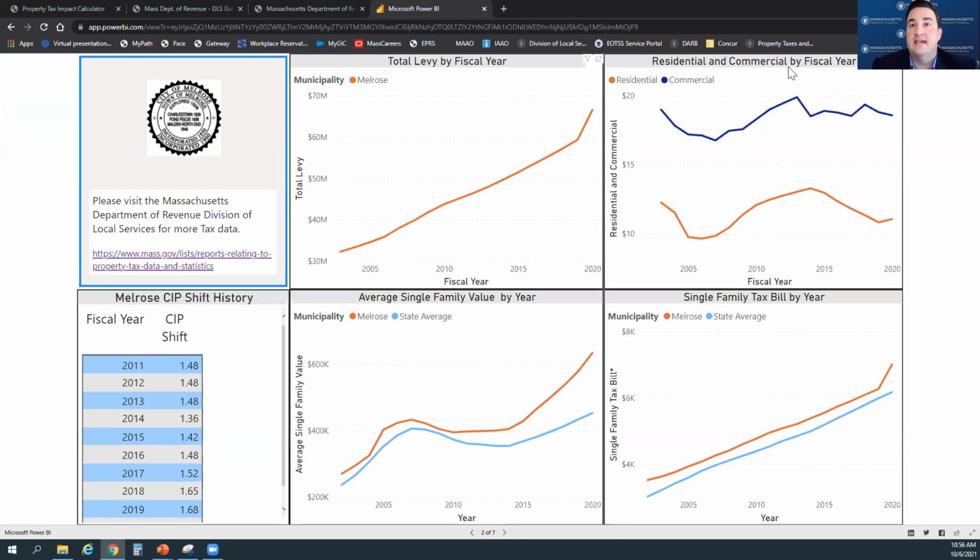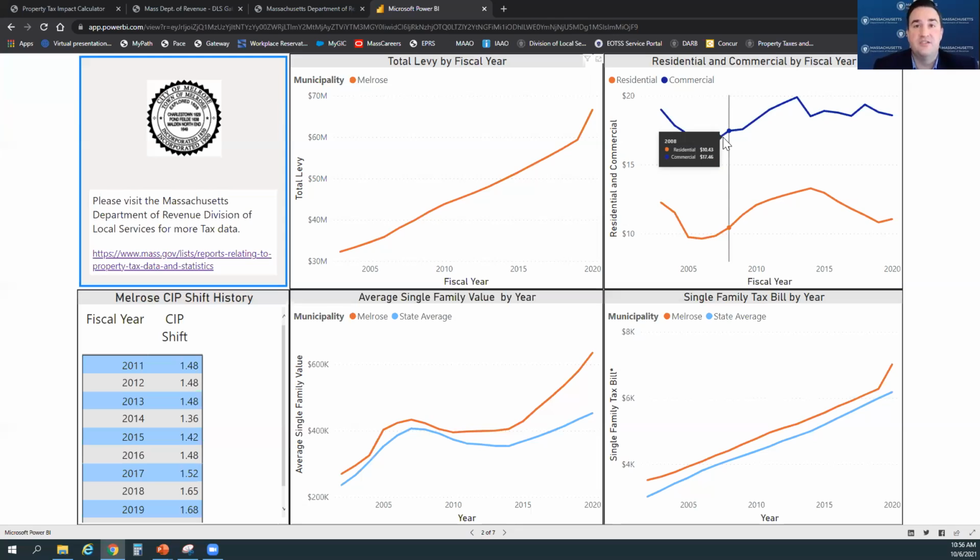Over on the right-hand side at the top is residential and commercial tax rates per year. Using DARB data and all of the information provided on our website, you can put together the history of residential and commercial tax rates. As we know, based on Prop 2.5 regulations, we have to back into a tax rate.